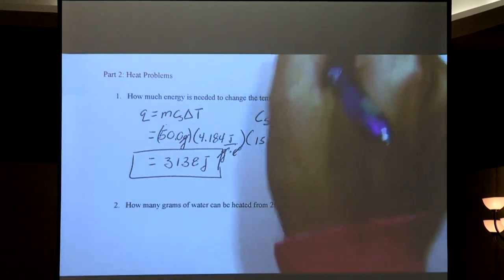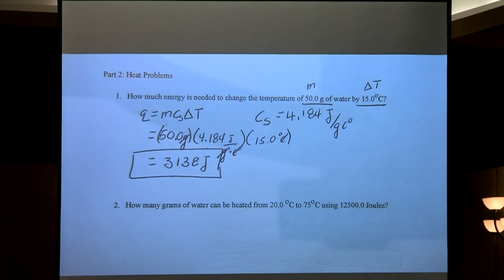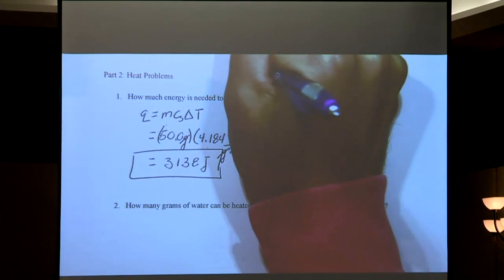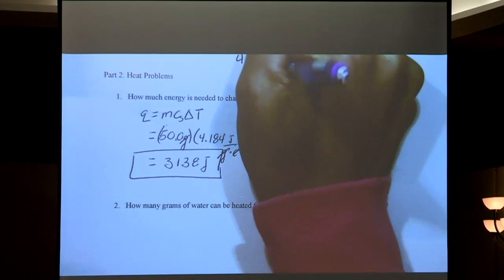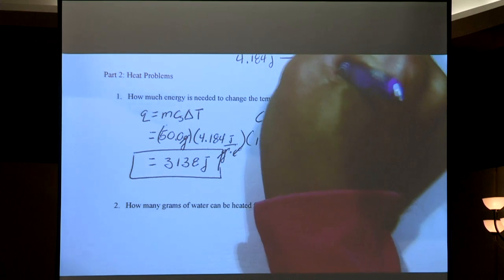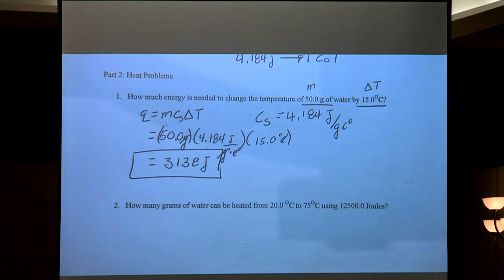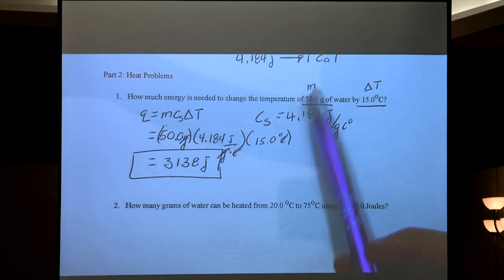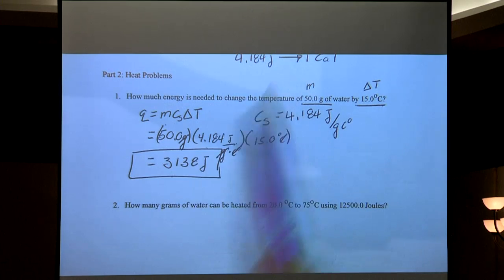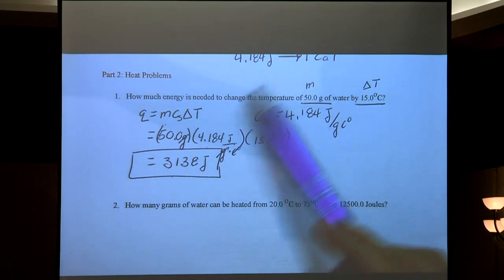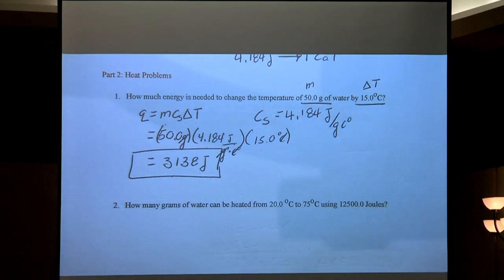There are how many joules in 1 calorie? 4.184 joules per 1 calorie. Okay? So you kill 2 birds with 1 stone, knowing the specific heat of water and knowing the conversion to calories. So I could divide that by 4.184 joules, and you get calories. Okay? Questions? Any more questions?